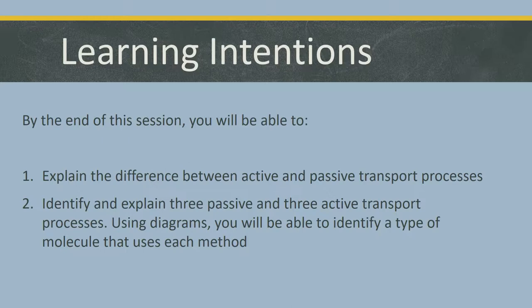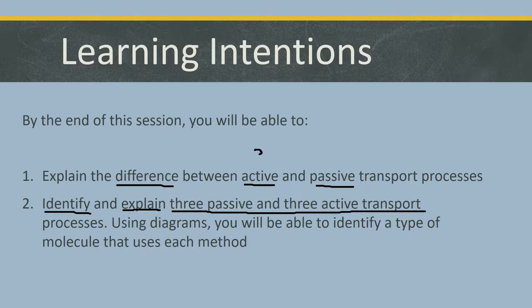So what we're going to do is learn everything that you need to know to answer that first question. The intentions of this session are, first of all, to explain the difference between active and passive transport processes. That's the first thing you need to explain when you answer the question in the test. The second thing is to identify and explain 3 passive and 3 active transport processes.